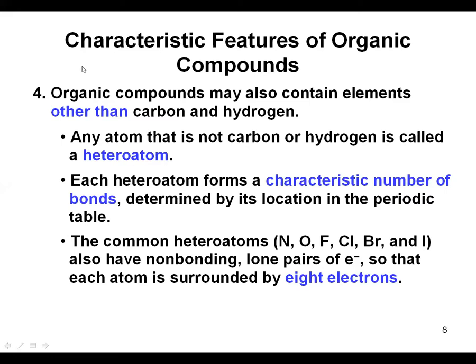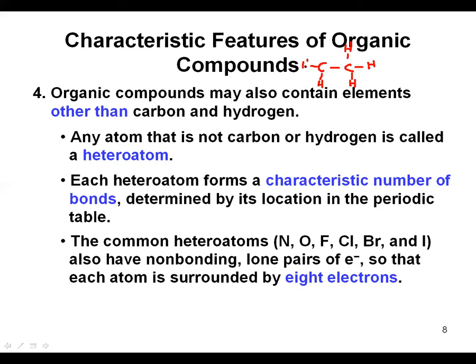Organic compounds can combine with other atoms besides carbon and hydrogen. Usually, although the basic backbone of organic molecules is carbons attached to carbons and then hydrogens attached to those, instead of having hydrogens all the way around, we can substitute out 1 hydrogen, 2 hydrogens, for some other element.